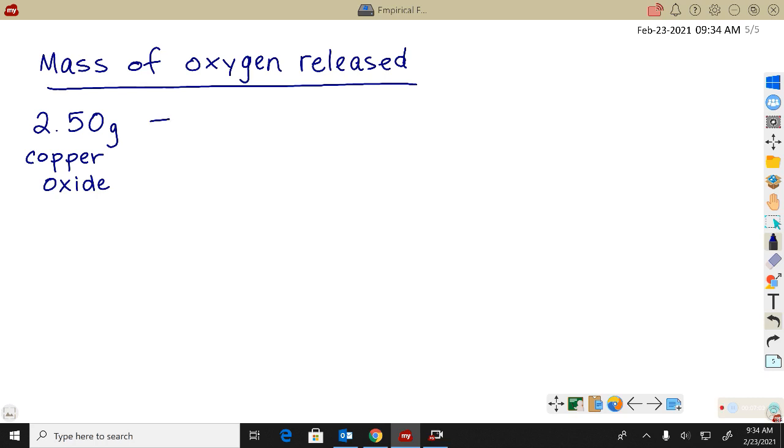And then if I subtract the amount of copper remaining, that was the 1.97 grams, the difference is the oxygen released, right? That makes sense. So 2.5 minus 1.97 gives me about 0.53 grams of oxygen.